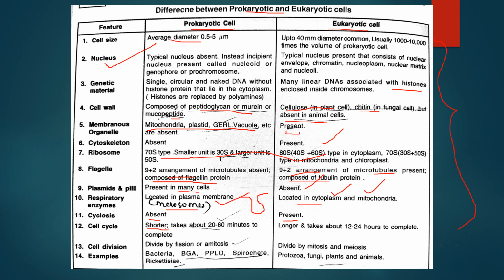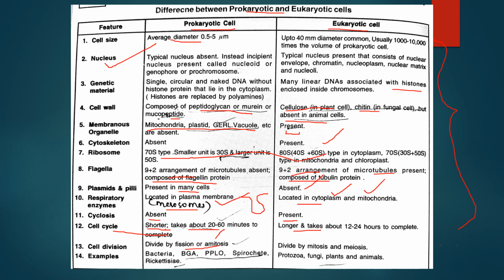The cell cycle is of shorter duration. Cell cycle means all the events that occur during the cell division when one cell divides into two. The duration of the cell cycle is shorter in prokaryotes, about 20 to 60 minutes, but it is longer in case of eukaryotic cell. Then cells divide by fission or amitosis.